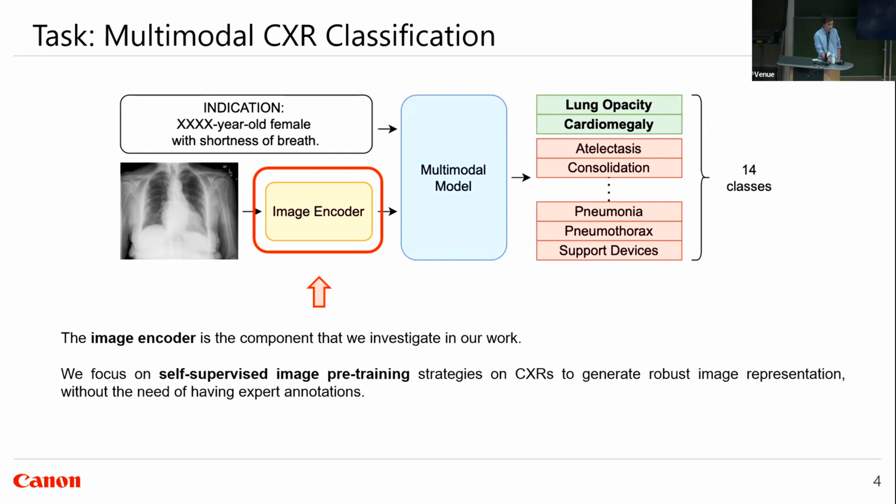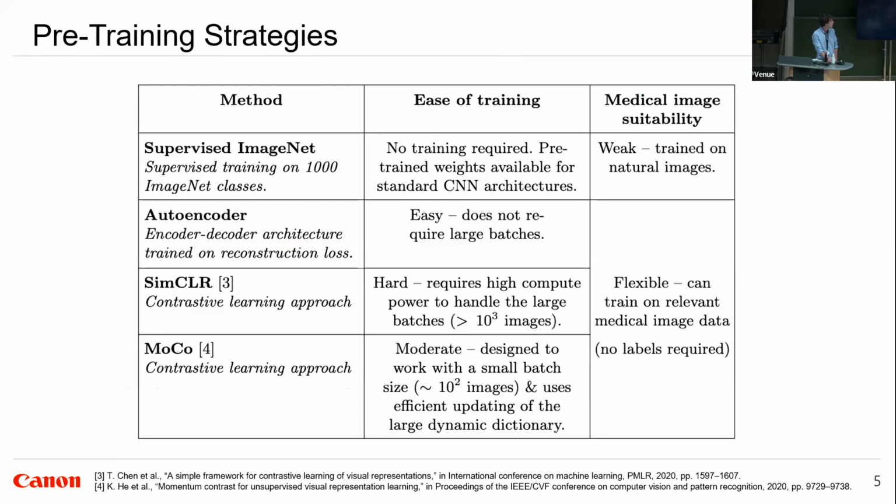So, as I already mentioned, in this work we focus on the image encoder component, and on self-supervised pre-training strategies, since there is no need for expert annotation. And here are some of the pre-training strategies we took into consideration.